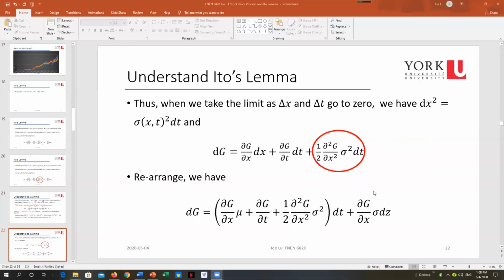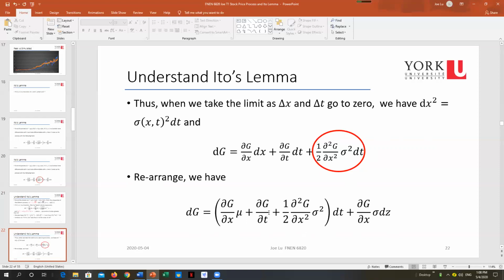So you combine them together. This dG/dx times dx would just be this term plus this term, and you get this dG/dt times dt, which is this term times dt, and you also have another extra term, which shows up here. When you rearrange, you'll get Ito's lemma here.